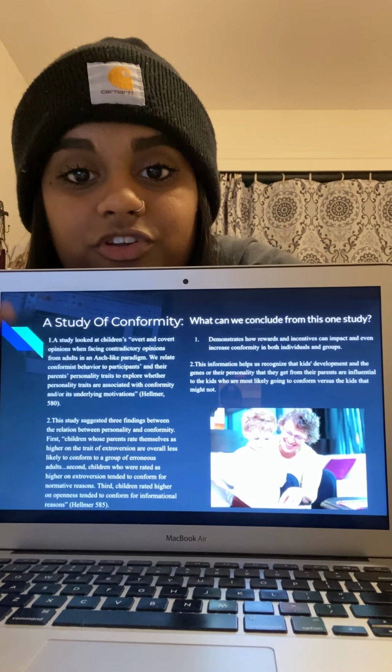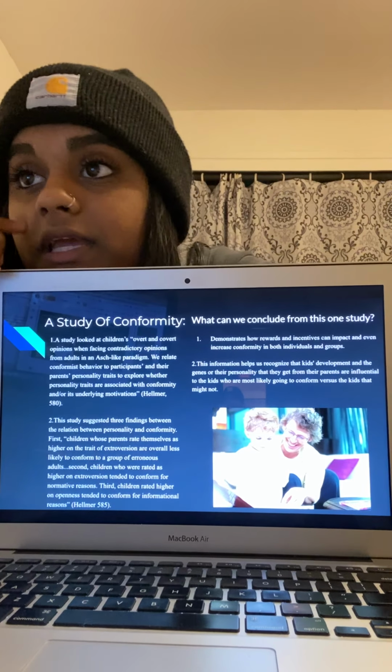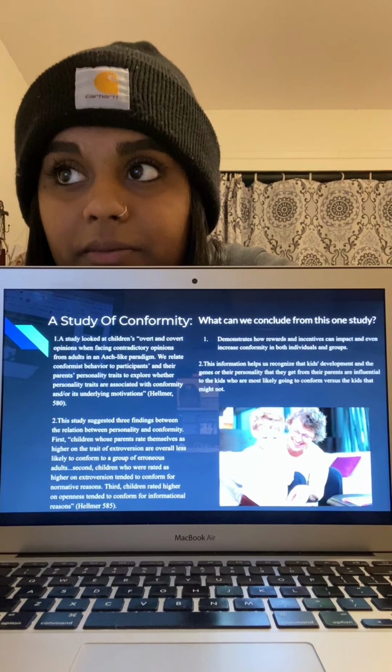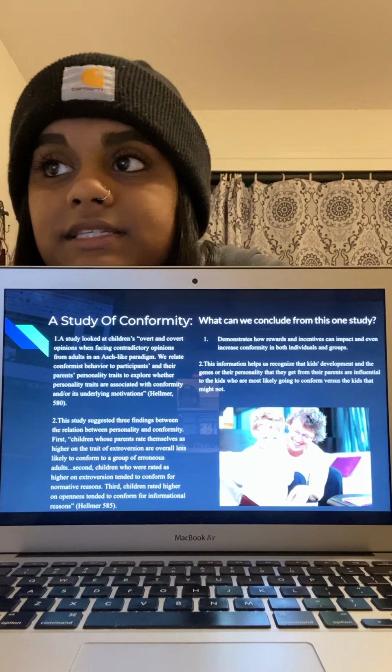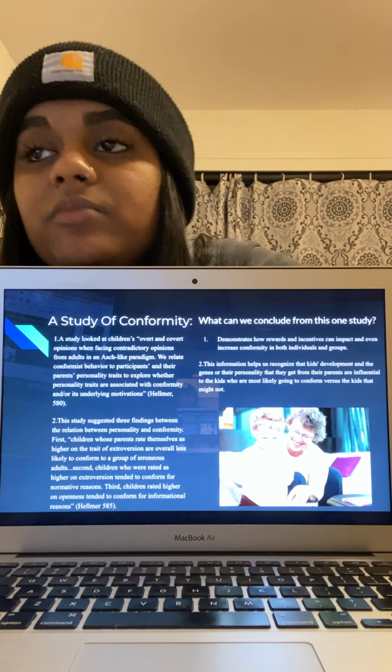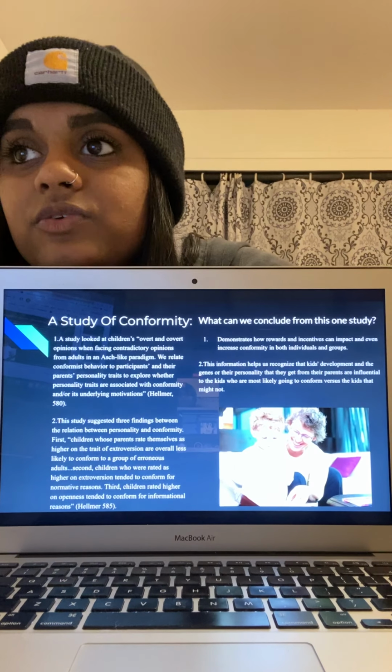I've actually found two studies of conformity. I'm not going to read both of them due to time, but the first one demonstrates how rewards and incentives can impact and even increase conformity in both individuals and groups.